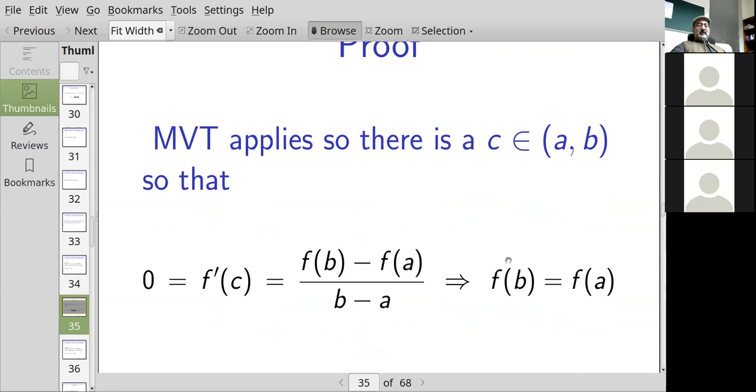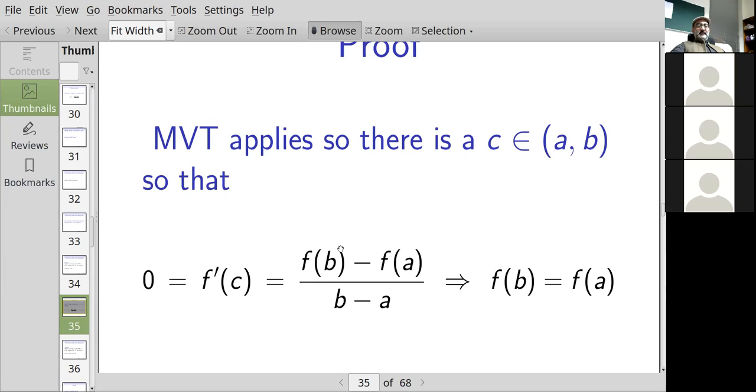So we can apply the mean value theorem. And what that says is that there is a c in (a, b) so that the derivative at c is equal to the average rate of change. Now we said that its derivative is 0 everywhere on the interior points. So that means 0 is equal to (f(b) minus f(a)) over (b minus a).